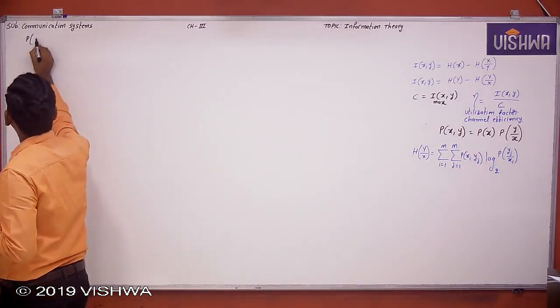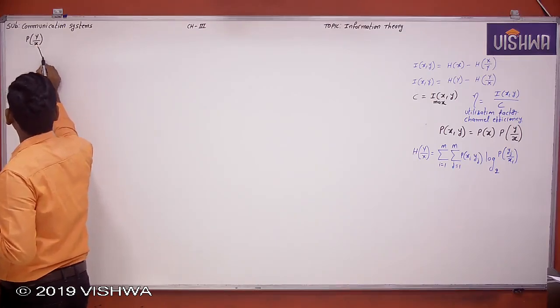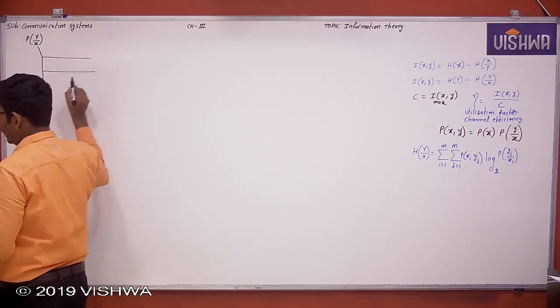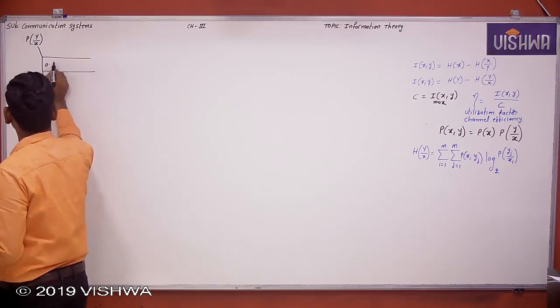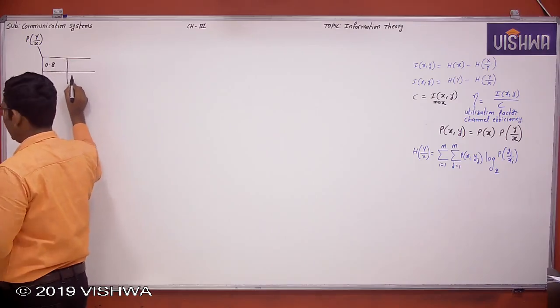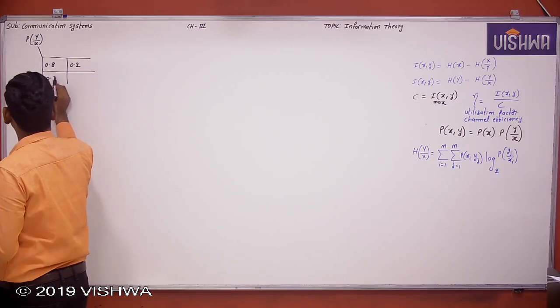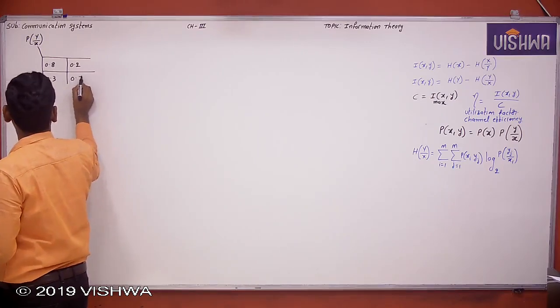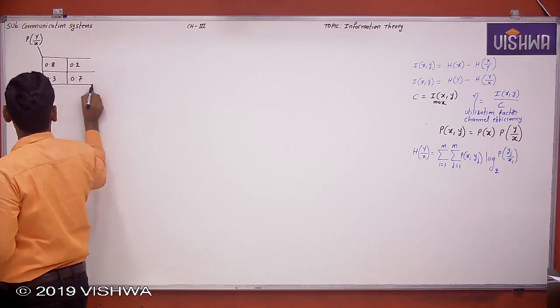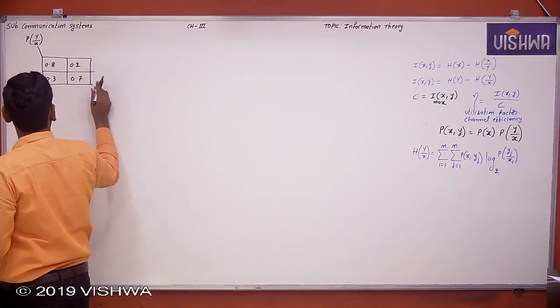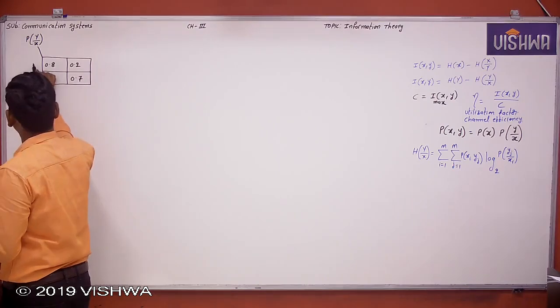This is the P(y/x) conditional probability as given to you. The first point is you have to identify what is given. Here, the conditional probability is given, as shown in the figure below.